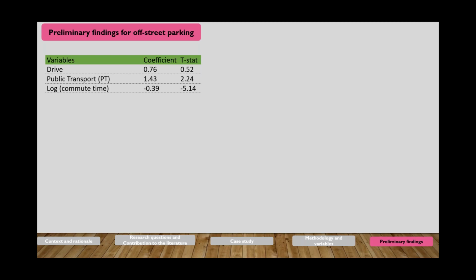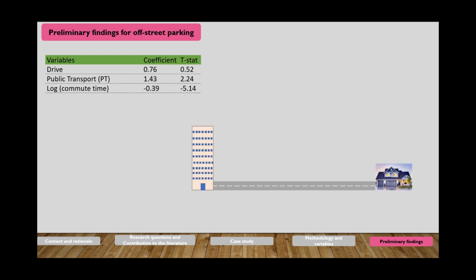Okay, I divided my sample into two subgroups. The first subgroup includes commuters who have access to off-street parking buildings at their workplace. So they are mostly commuters who work in Wellington CBD and partly in the coupon area. As you can see from the results, they prefer to use public transport.